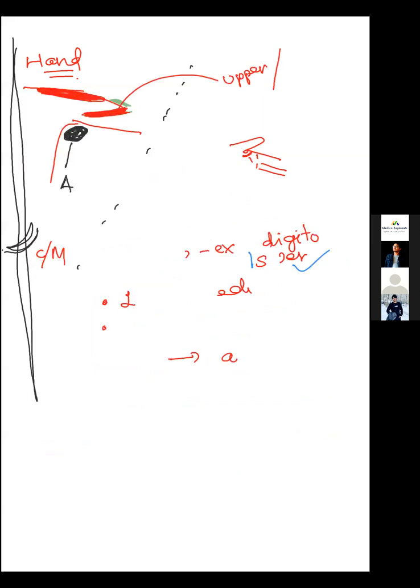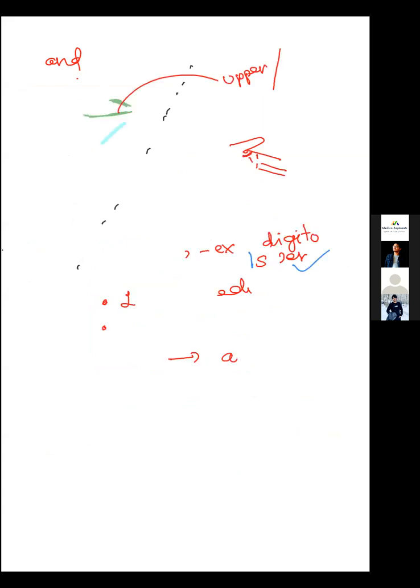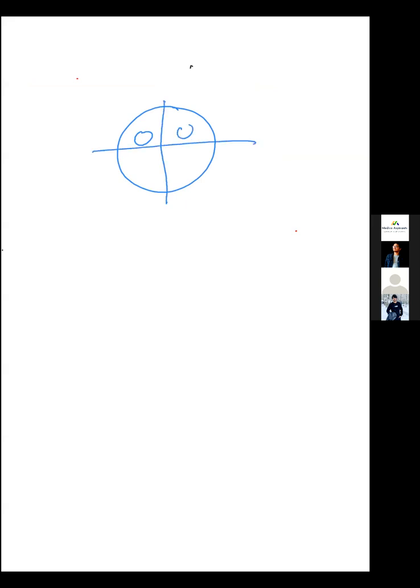Now we talk about the next one, which is the head. How you should solve the head kind of questions. Whenever in the question a head is given, just consider the head part and divide it like this.